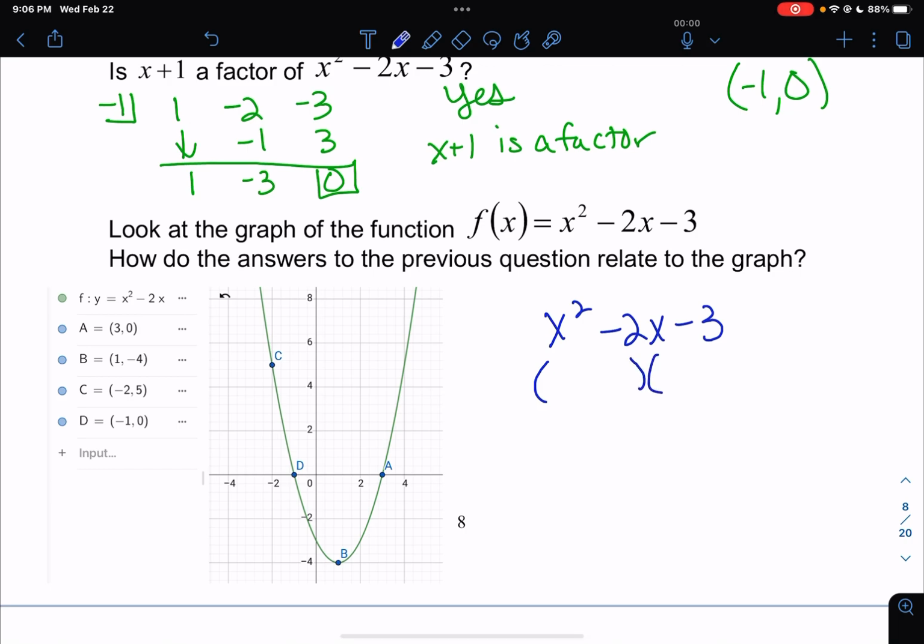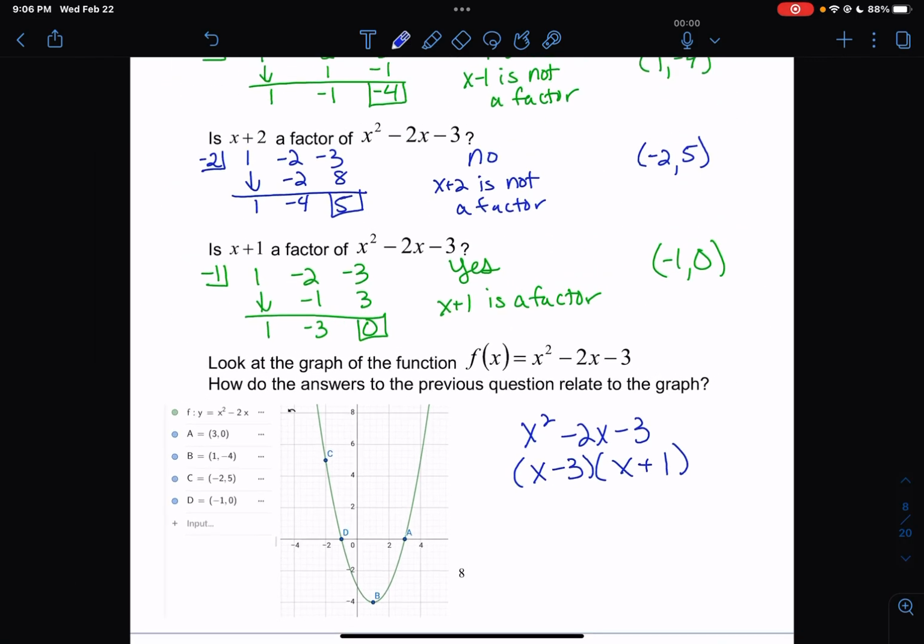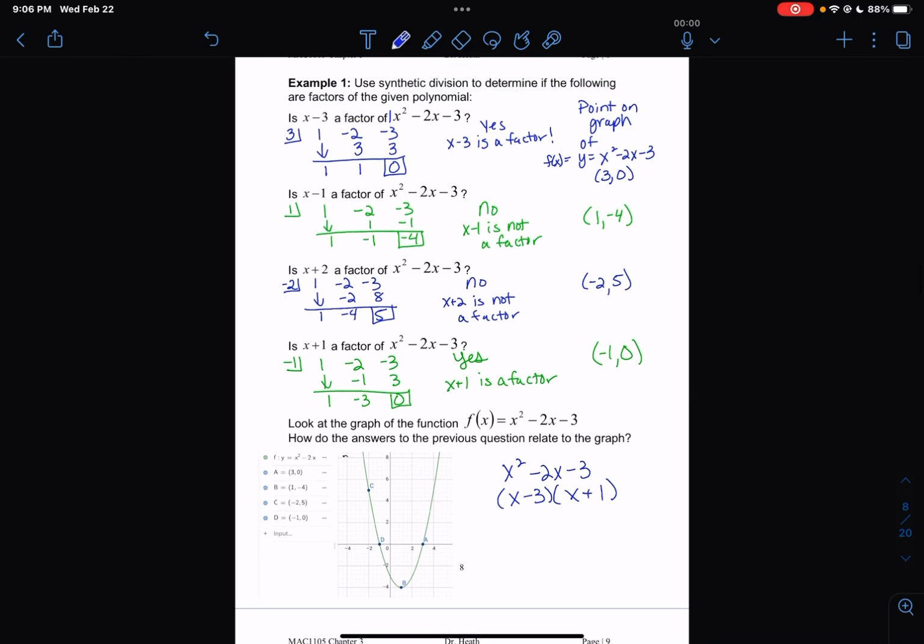So if we factor using our previous techniques, we look at the factors of -3 that will add up to -2, and we see that the factors are x minus 3 and x plus 1. So when we're asked on this page, is each of these a factor?